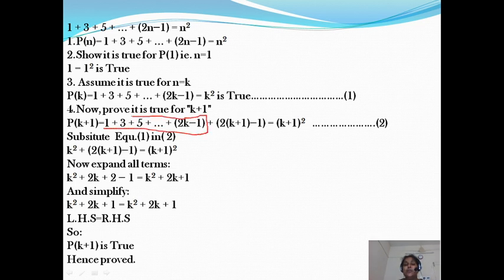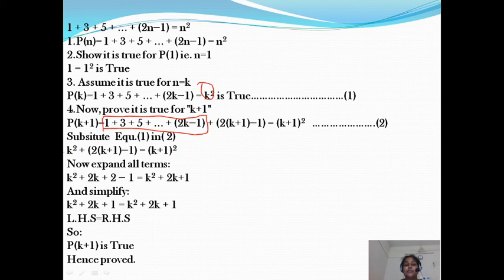This is P of k, and you already assumed it as true. So if it is true, its left hand side value can be substituted with the right hand side value, or vice versa.